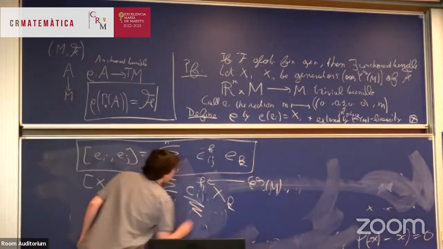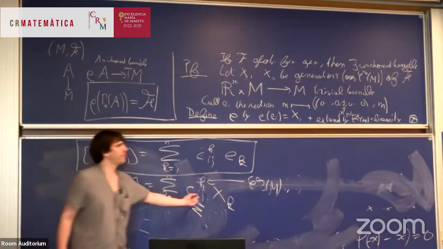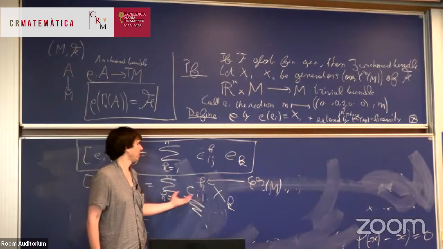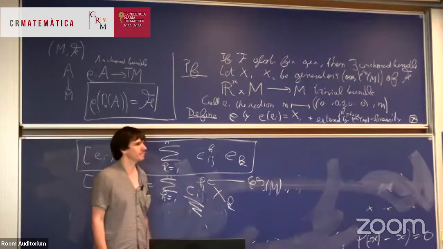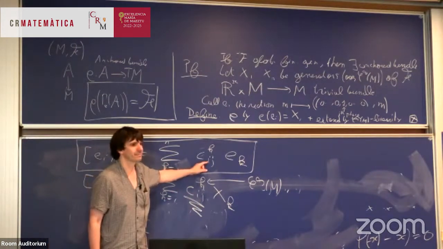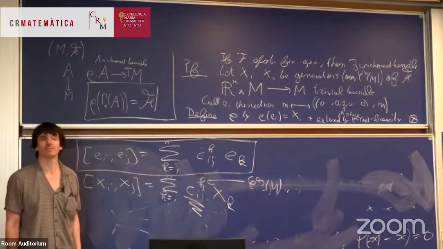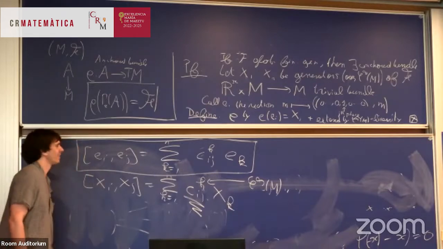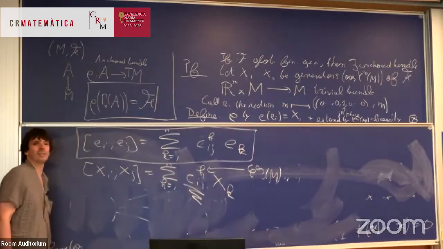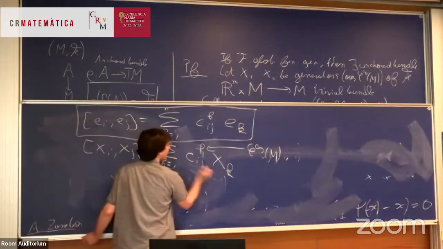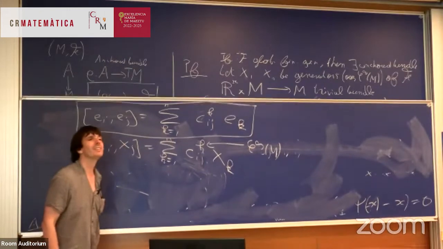Here, these coefficients are not even skew-symmetric in j and i. A priori, they are not skew, so this bracket may not even be skew-symmetric.